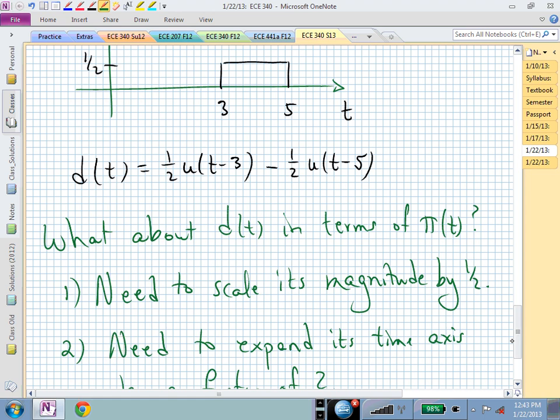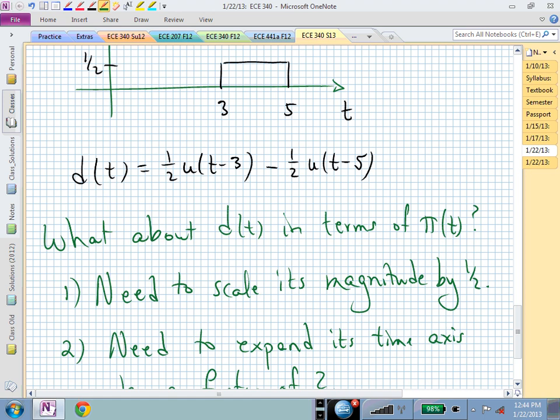And right now, if we simply took these two adjustments to pi, do you see what that would give you on the time axis? What would these two steps produce in terms of a waveform? Pulse starting at 0 with an amplitude of 1/2, and then how long does it last? 2 units of time.